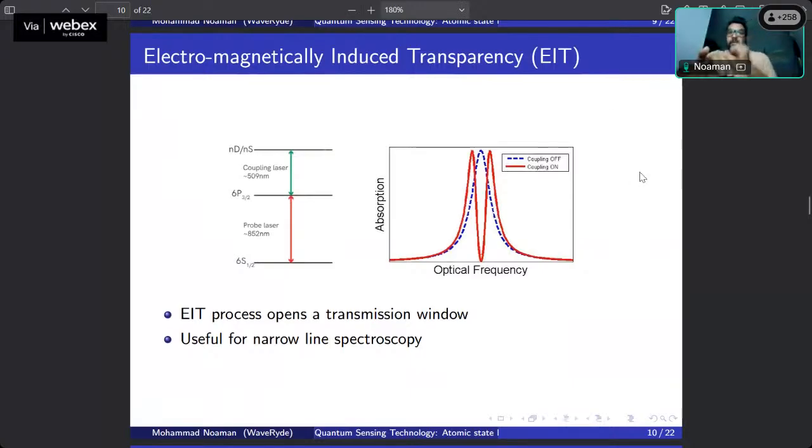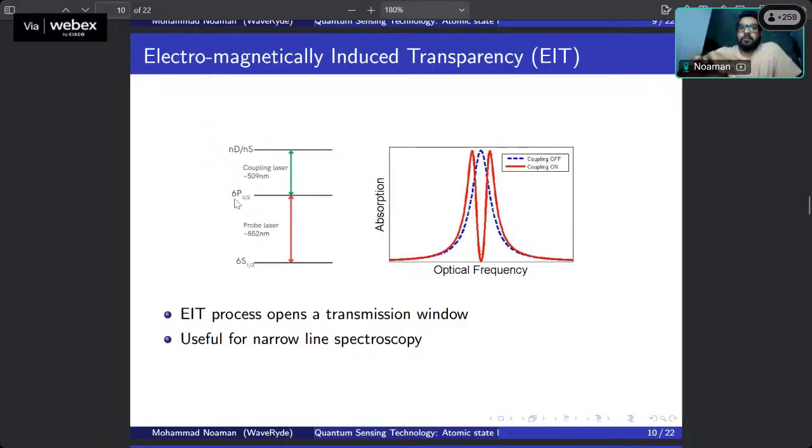So the EIT is the transparency that is created in an absorption. If you see the blue dotted line, it's when you scan the laser on the lower ground state. Forget about this one for a moment. If you just scan the laser, then you will see a clear absorption.